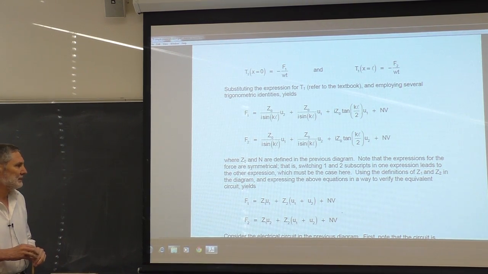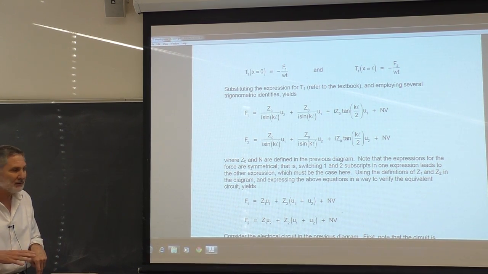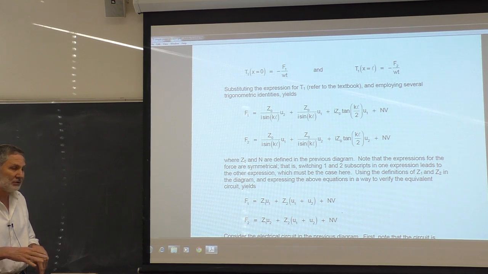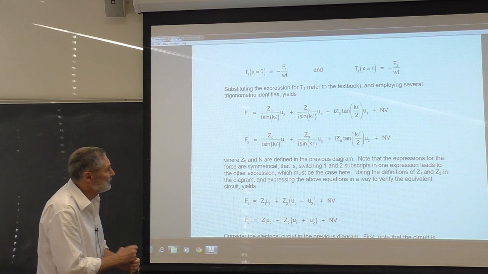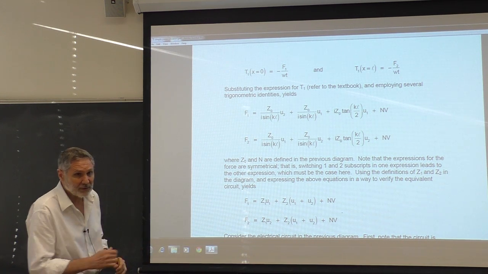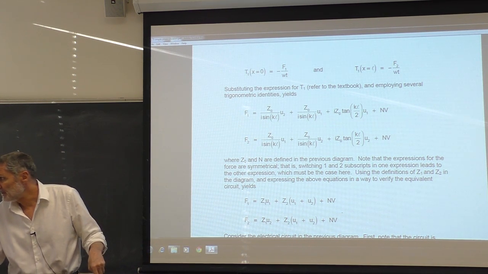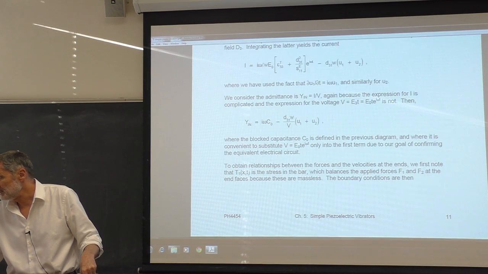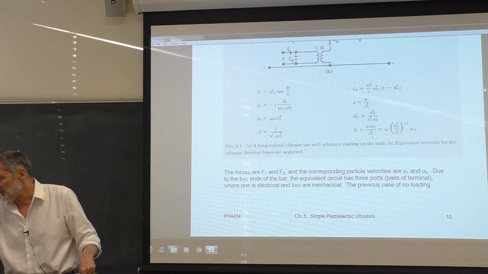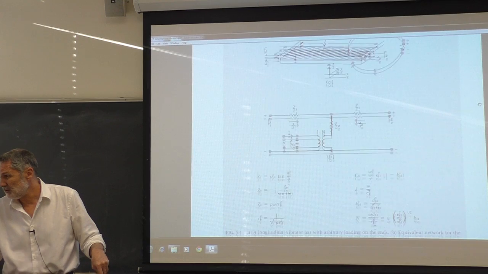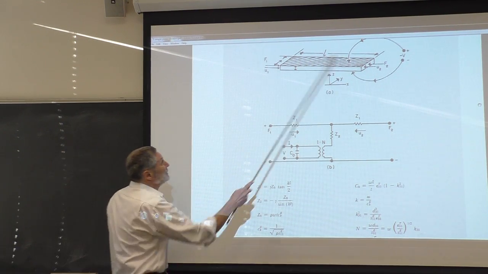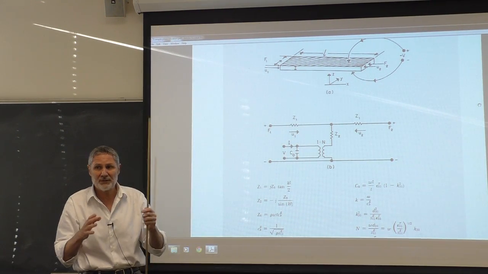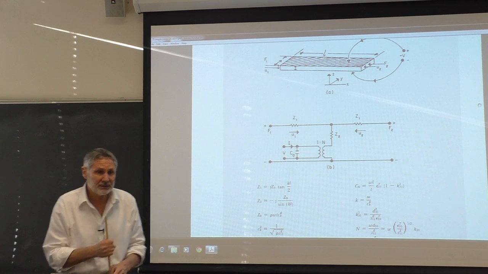Now, to make the final step of showing that the equivalent circuit is indeed the equivalent circuit, we first need to do some symmetry checks. Physically, you could be exerting any kind of forces here; it doesn't have to be a symmetric response of the system.